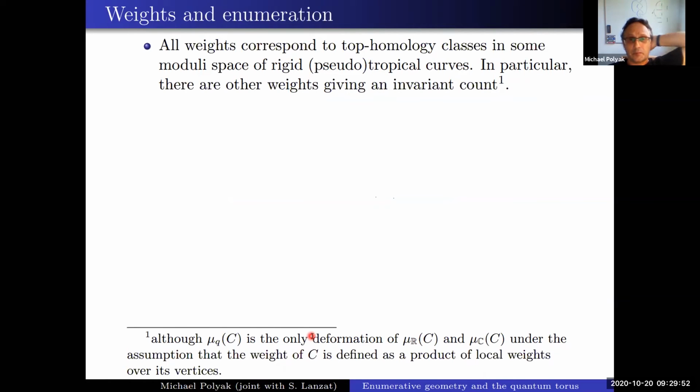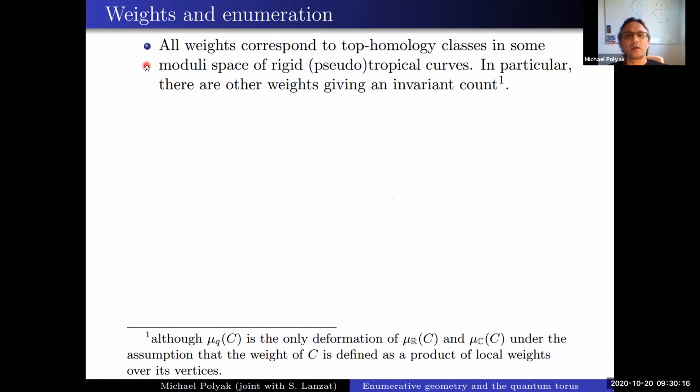Now, this theory, which we developed initially just on the level of combinatorics, more or less. So the question was, are there meaningful weights which you can define on these curves?